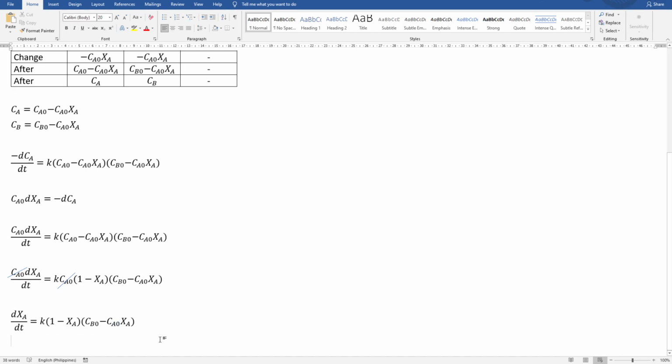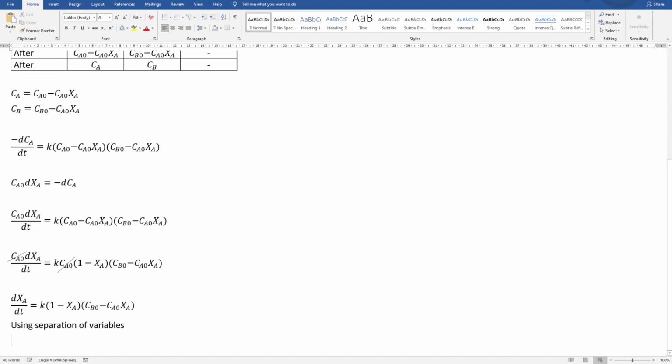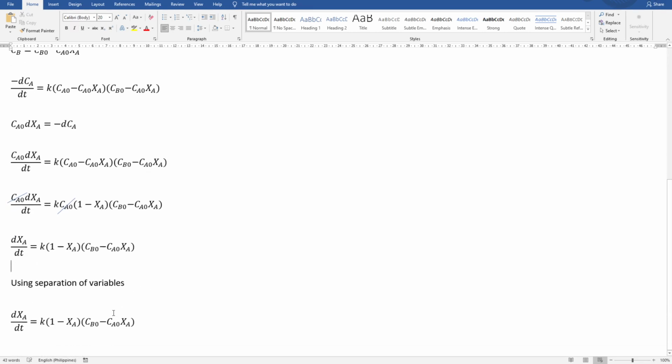So using separation of variables, we will get this, cut, paste, dt, this one.